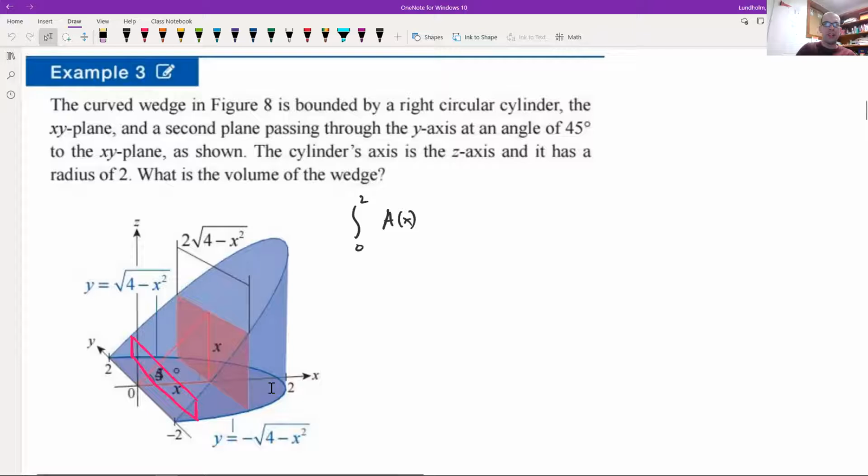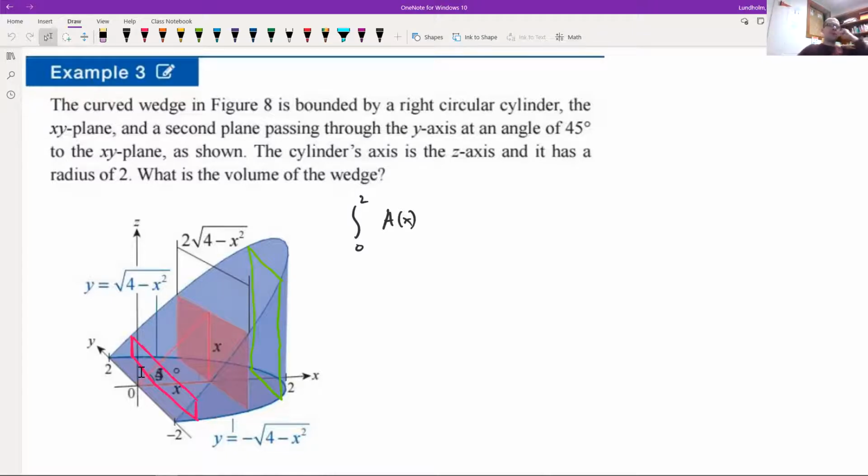And if we were to make a rectangle out towards the edge here, it would be relatively tall, skinny-ish. So the dimensions of this rectangle are going to change the entire time.